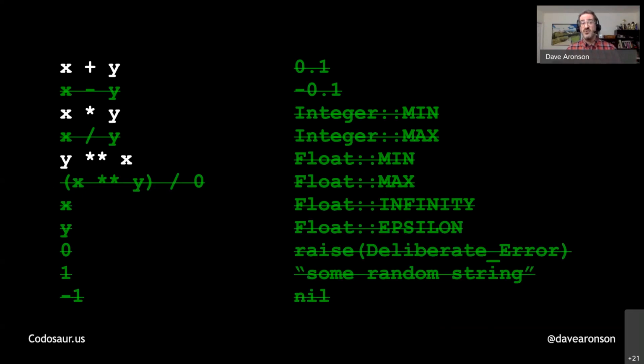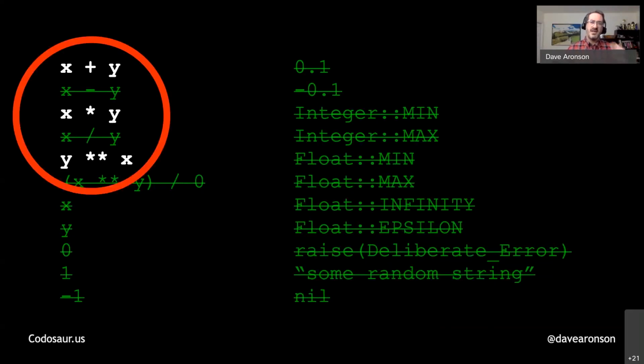Subtracting gets us 0, dividing gets us 1, returning either argument gets us 2, and the error conditions will at least make the test not pass. But addition, multiplication, and exponentiation in the reverse order all get us the correct answer. Therefore, these mutations, or rather any mutant based on these mutations, would survive our test.